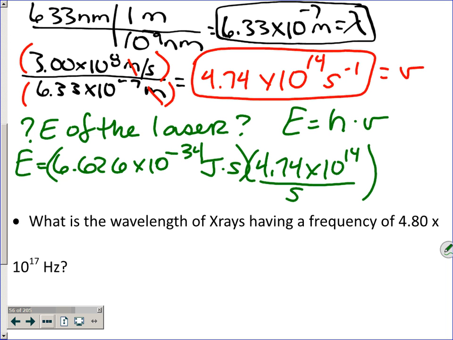So now it should be really clear what unit is on top and bottom. Yes, we have seconds here and we have seconds here. So what am I doing with these two seconds? Canceling them, because energy doesn't have anything to do with seconds, right? What is energy? Joules. So when you calculate, what do you get for your joules? 10 to the negative 19th joules.